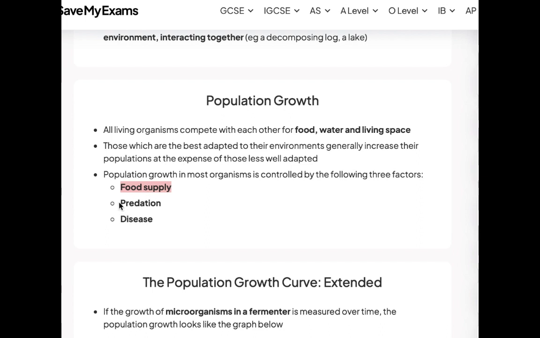If there is predator control, where the organisms are not so heavily consumed, then the population of such species will also increase. If a particular disease threatens those organisms, then the population will decrease.